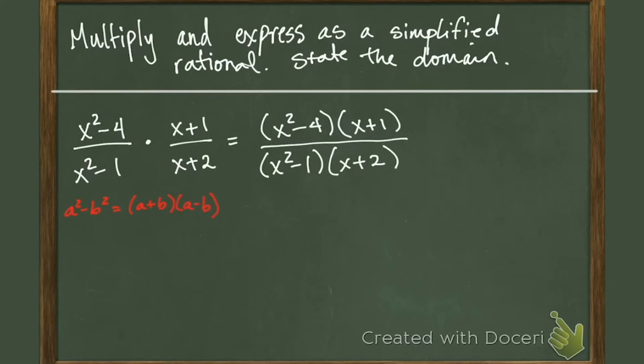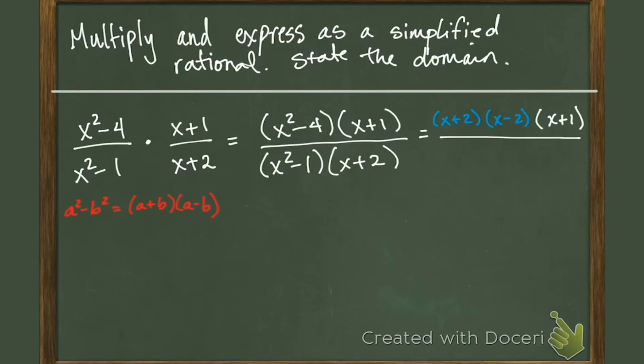All right, so let's go ahead and factor what we can factor. That x plus 1 and x plus 2 are not going to change. But x squared minus 4, that's x plus 2 times x minus 2. And then we still have that x plus 1 that didn't change, right?